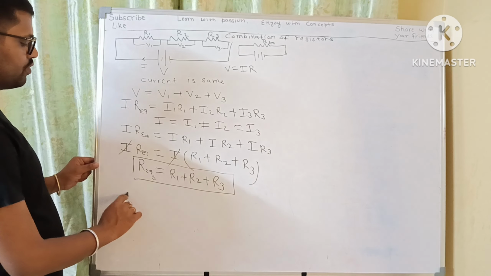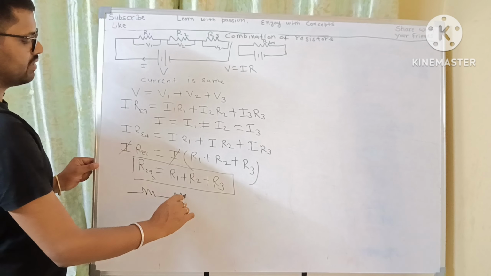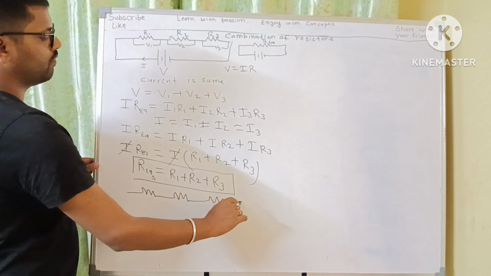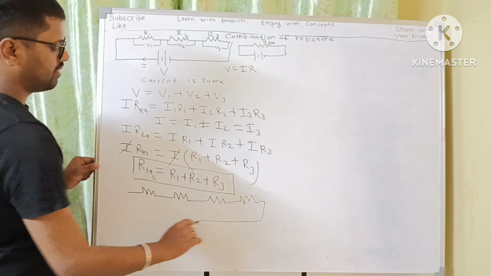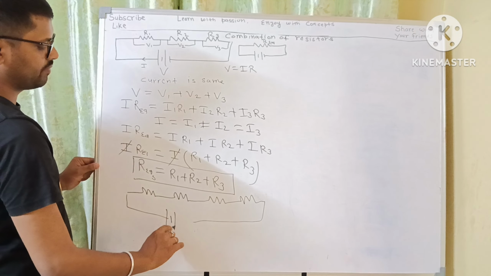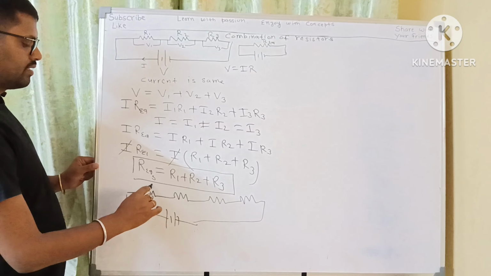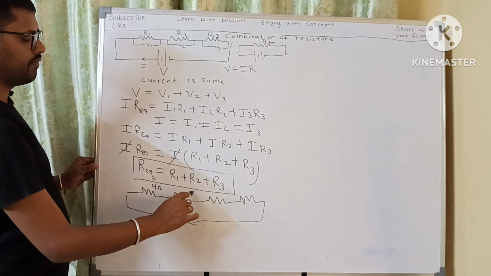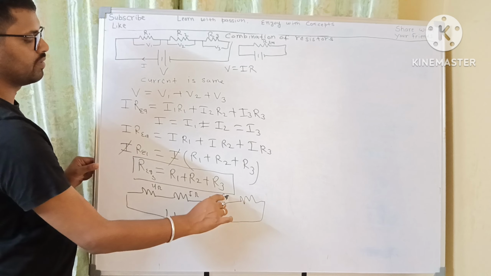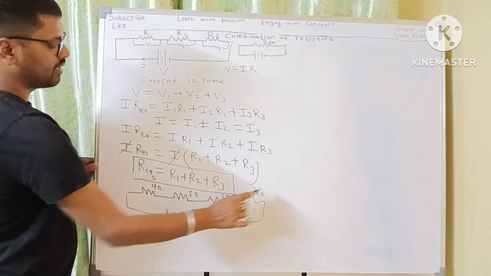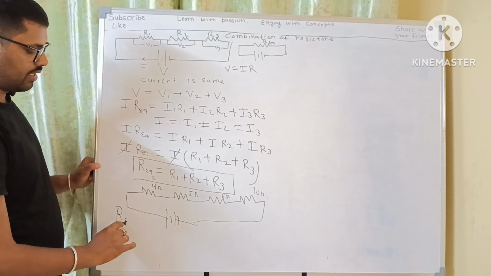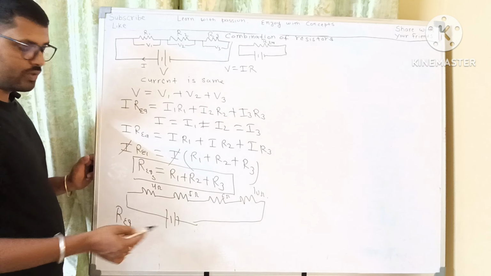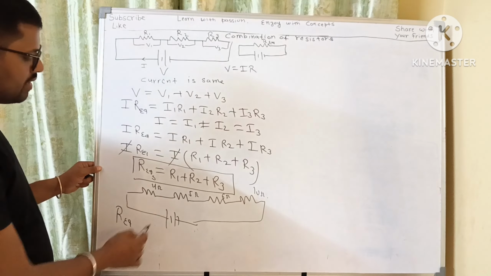Now, how do they ask questions? Very simple. Suppose they give 4 resistors, 4 ohm, 5 ohm, 6 ohm, 10 ohm, and they ask what is R equivalent. So for R equivalent, first we have to check whether it is in series or parallel.